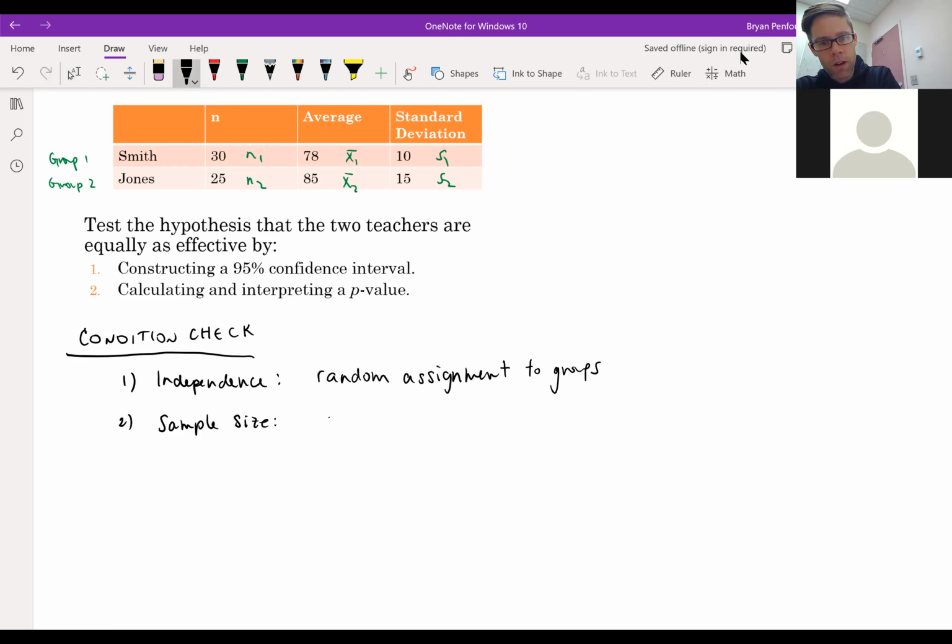So we do have N1 is greater than or equal to 30. So that's good. But N2 is less than 30. So we will have to make an assumption that the scores here are roughly symmetric.